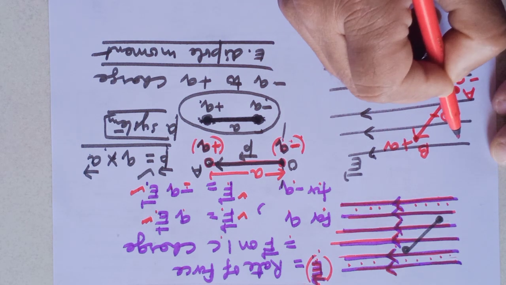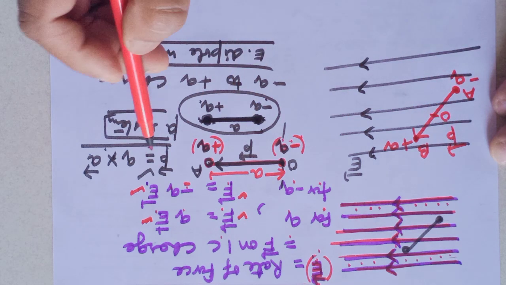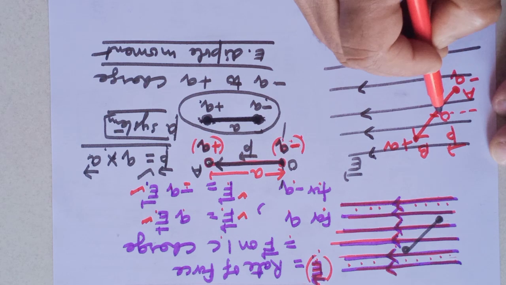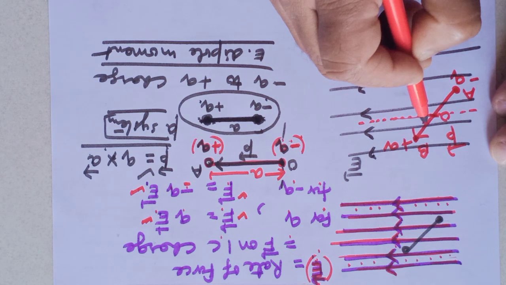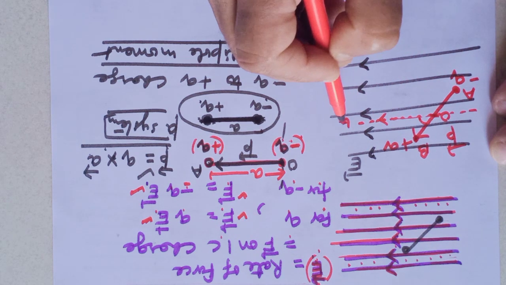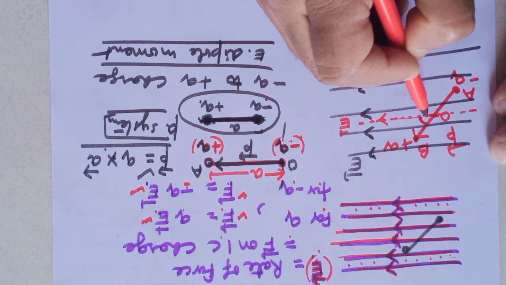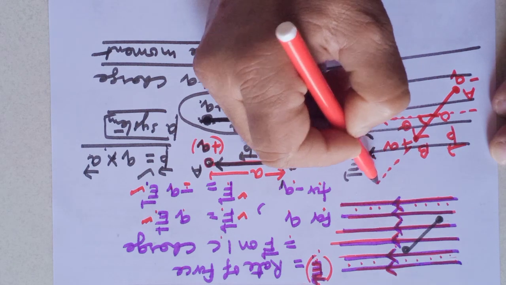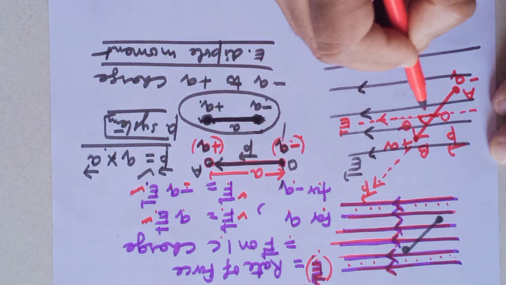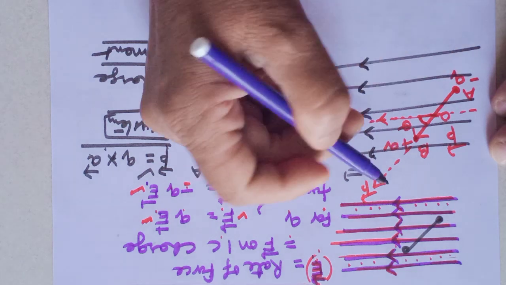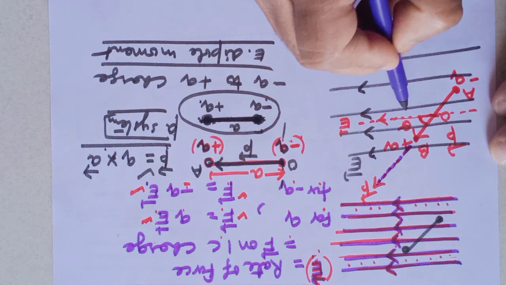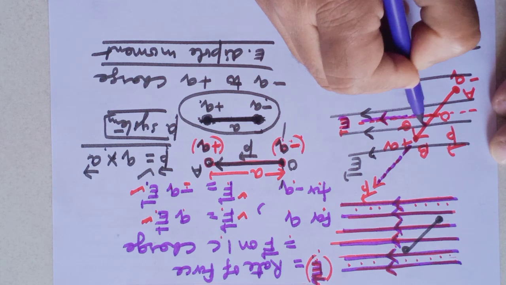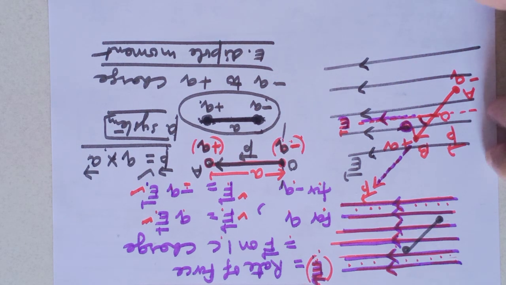So naturally the direction of dipole moment will be along this direction, making an angle theta with the electric field. This is the direction of P, this is the direction of E, and this is the angle theta between these two.